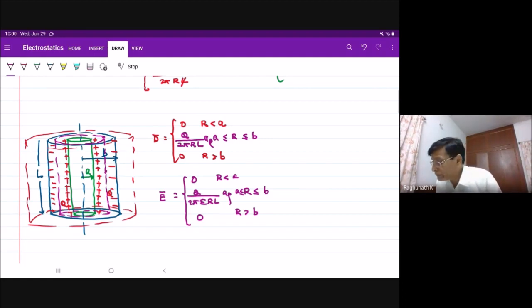Check it once: Q by 2 pi epsilon R L. This is important for us to talk about the capacitance of cylindrical capacitors, the capacitance of the coaxial cable per unit length, resistance, and at least the series conductance, sorry, the shunt conductance and shunt capacitance. We need this.